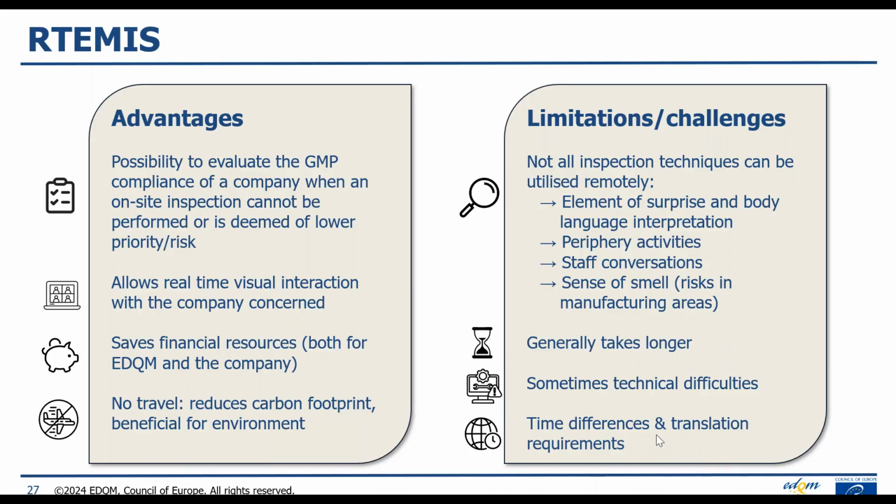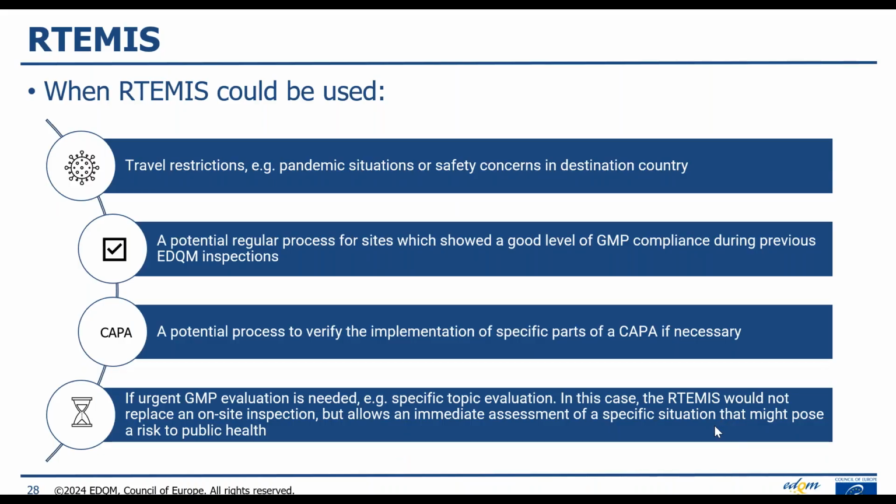And yes, there are time difference and translation requirements, which are a little bit more challenging when we're not in person. But then, when Artemis could be used going forward: of course, if there are travel restrictions introduced again, so if there are pandemic situations, or indeed if there are safety concerns for the inspection team to travel to a certain country, we may consider it.